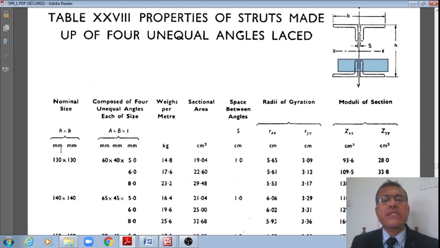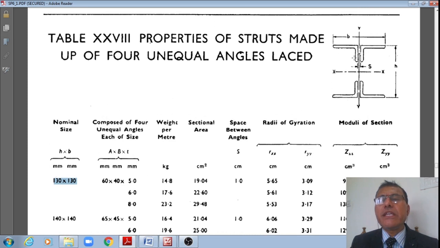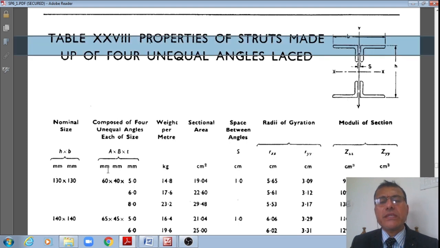Then what is the size H by B, right? For 120 by 130 by 130, composed of 4 unequal angles of size 60, A is 60 and B is 40, right? This is 60, this is 40, with a thickness of 5 mm.